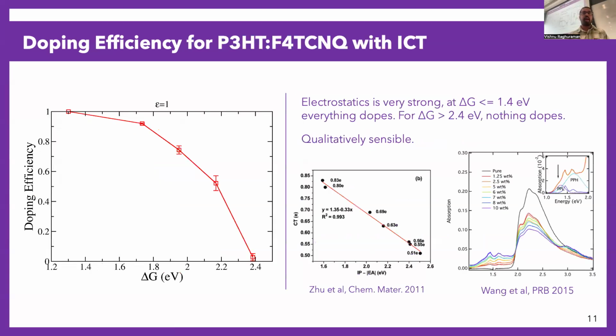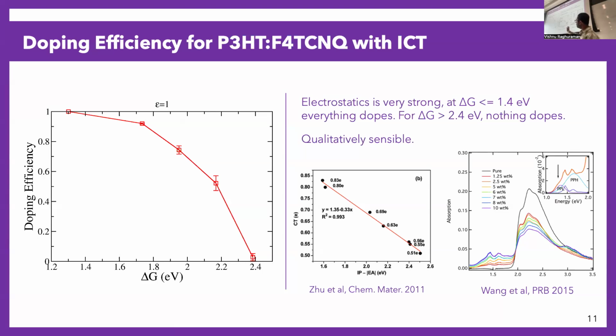So now we can get to an actual system, which is P3HT F4TCNQ at about 20% doping and at the experimentally known density, which is about, I think, 1 to 1.1 gram per centimeter cube. And here we see it goes from fully doped to not doped at all, from over 1.3 to 2.3 eV.